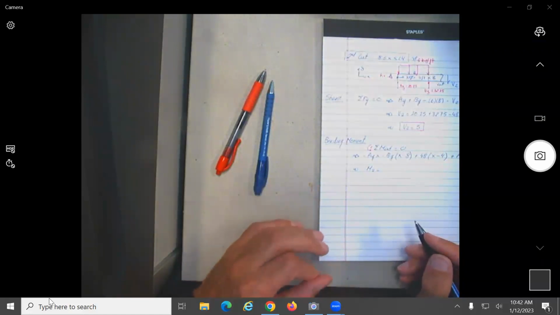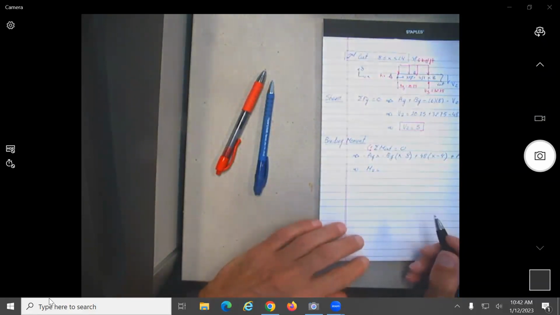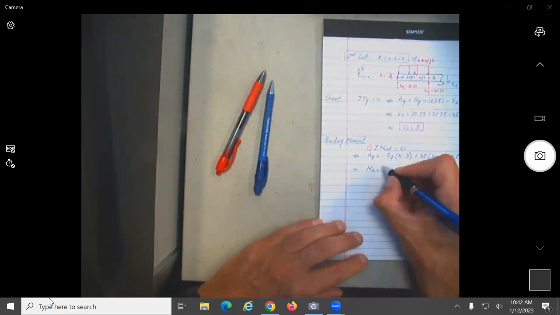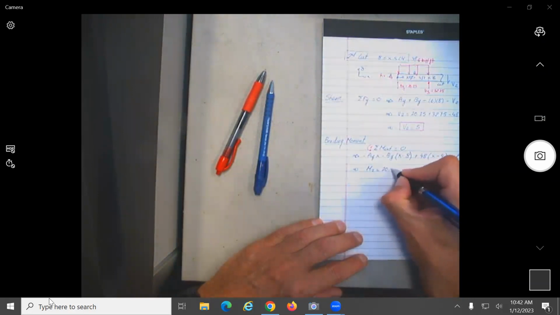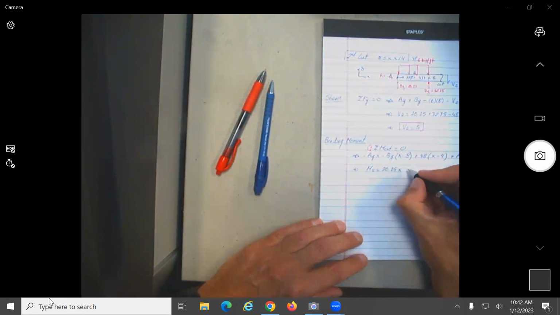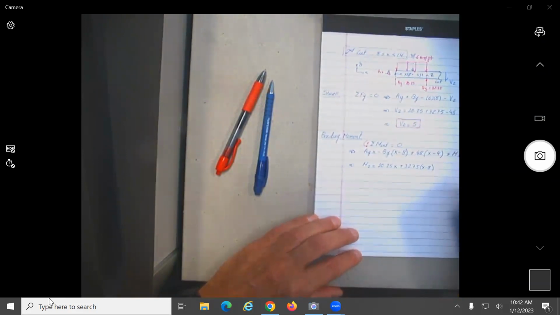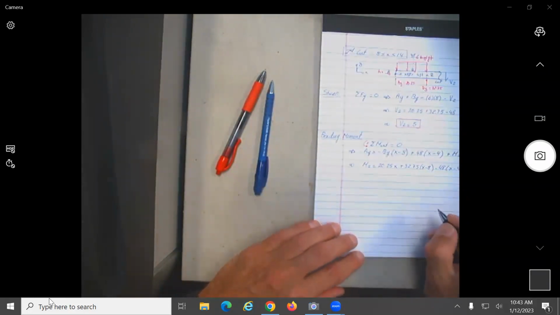So I want to put the values here. Move everything to the side, it would be 20.25 X plus 32.75 X minus 8 minus 48 X minus 4.